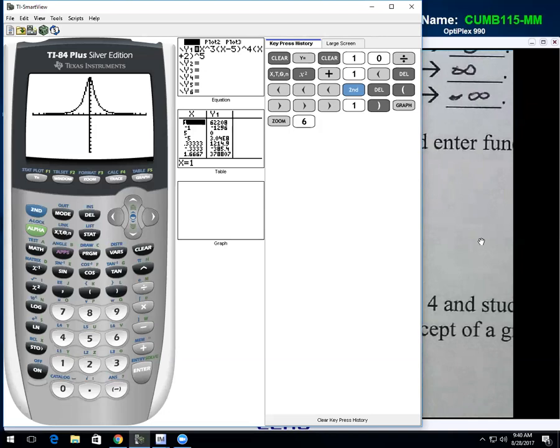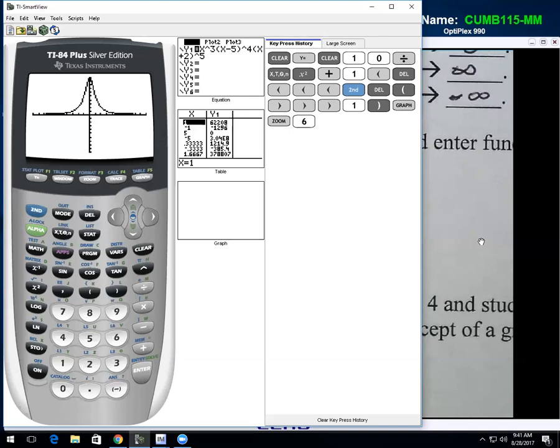Yes. That was an easy thing to guess, but why? Tell me why I should have expected to only have portions of this graph in the first and the second quadrant and nothing in the third and fourth quadrant. What caused that? X squared, you square a negative, it becomes a positive. No matter what you let x be, this denominator is going to be positive.